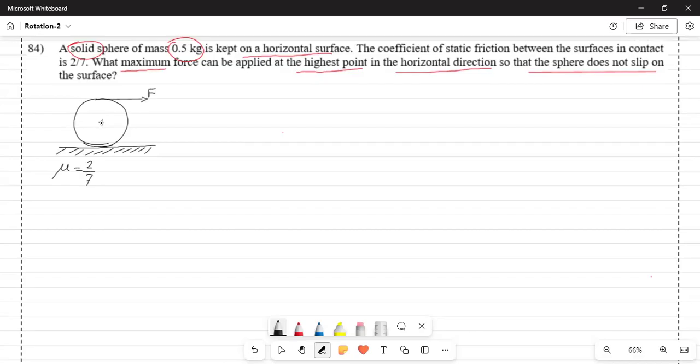That is the question. The sphere has a mass of 0.5 kg, and the radius is not given. Let us say radius is r.